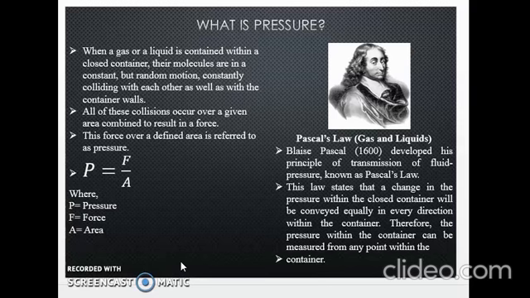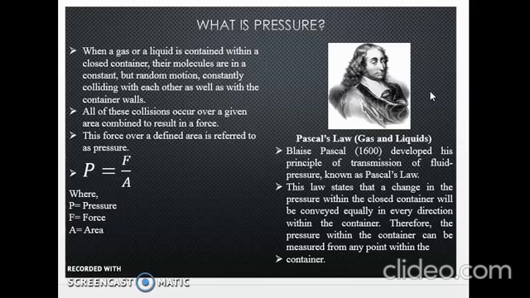Consider Pascal's law, given by Blaise Pascal around the 1600s. He developed his principle of transmission of fluid pressure, and this principle is known as Pascal's law.